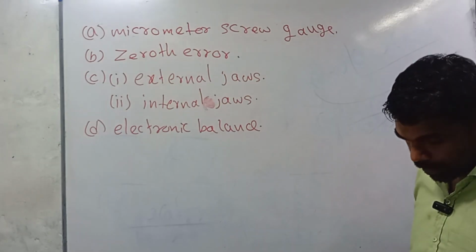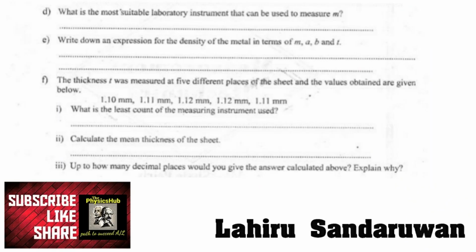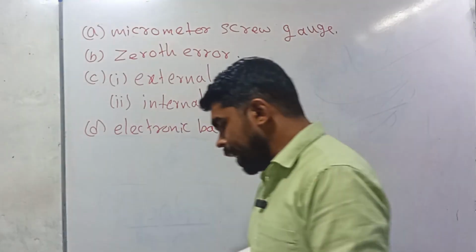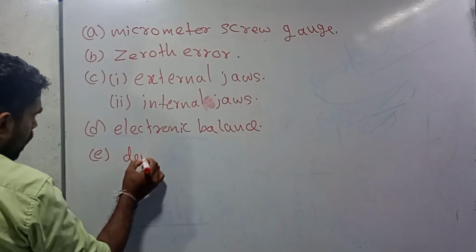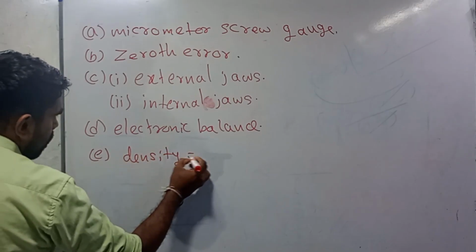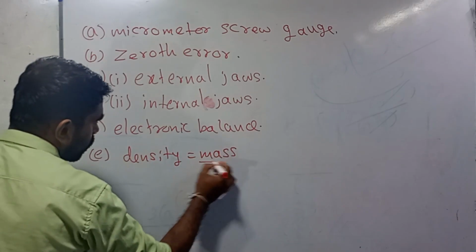Then part E. Write down an expression for the density of the metal in terms of M, A, B and T. We can write the expression for the density. Density is mass divided by volume.